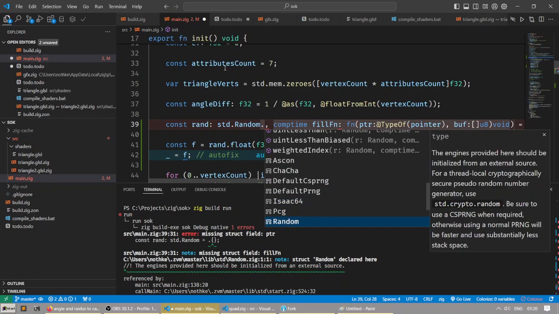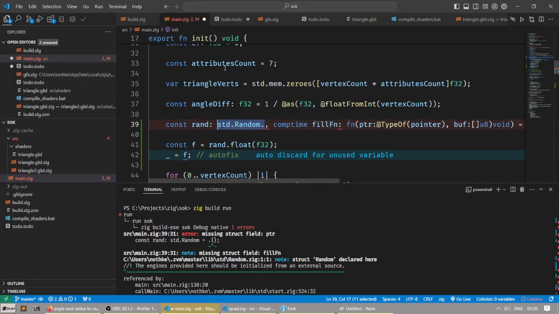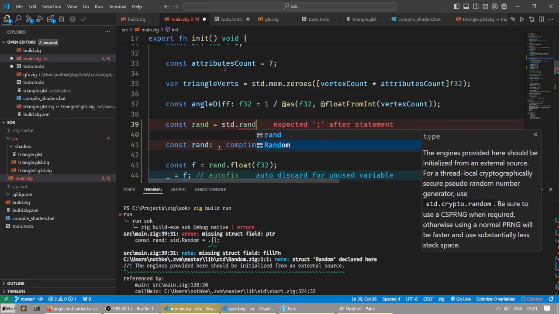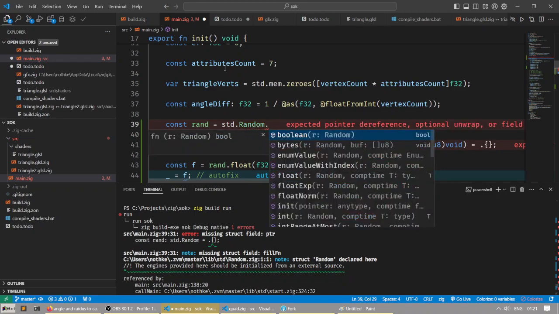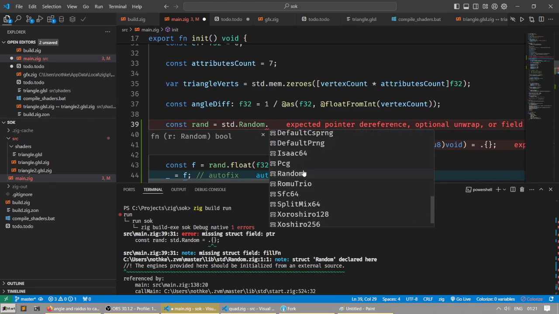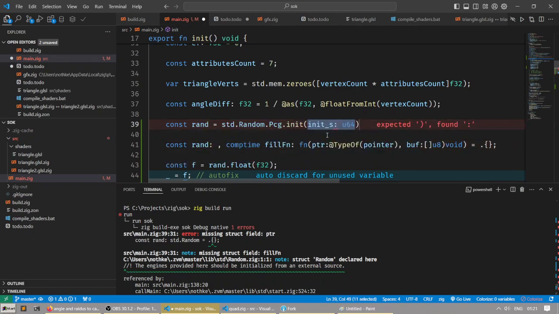Oh, I think you actually use a different... Okay, so this is not the type. I think std random is just... Is it not a type? The engines provided here. Yes, so I think this is just... I'm actually not sure. Should I take an init with a field? Yes.